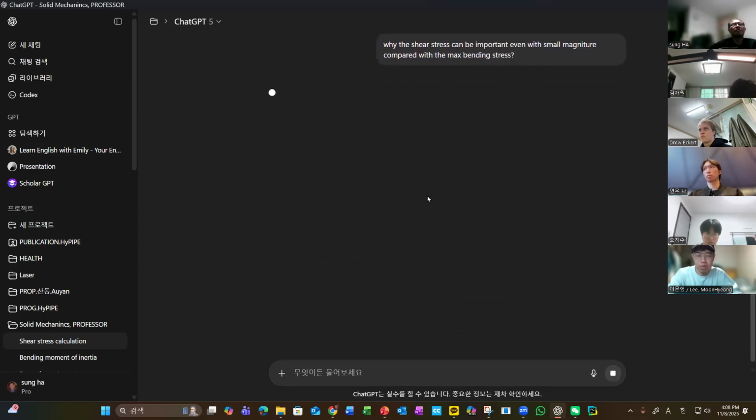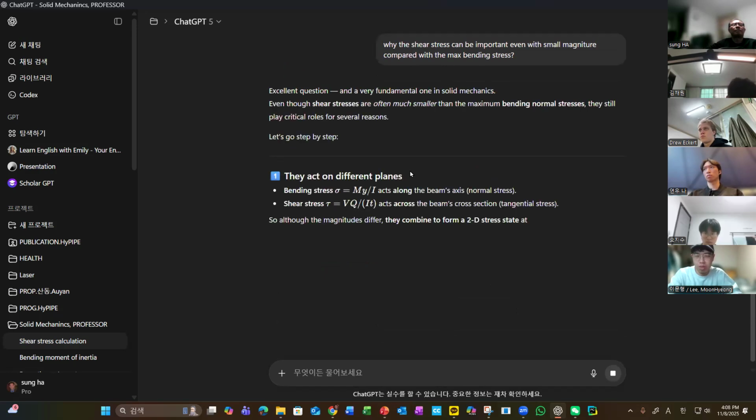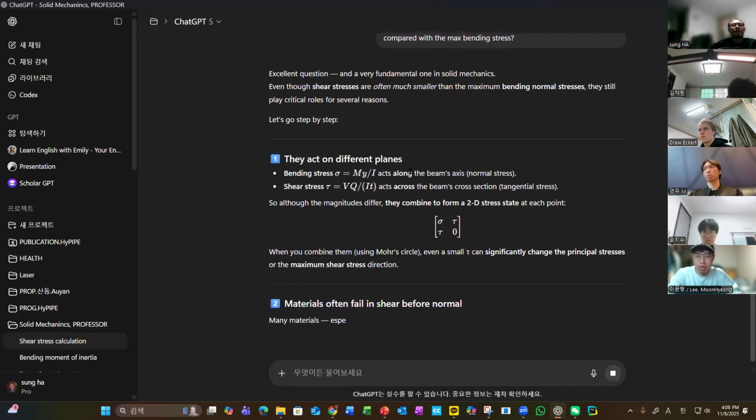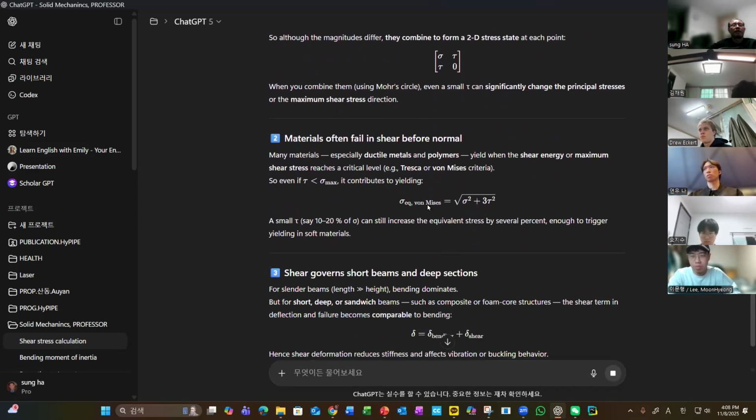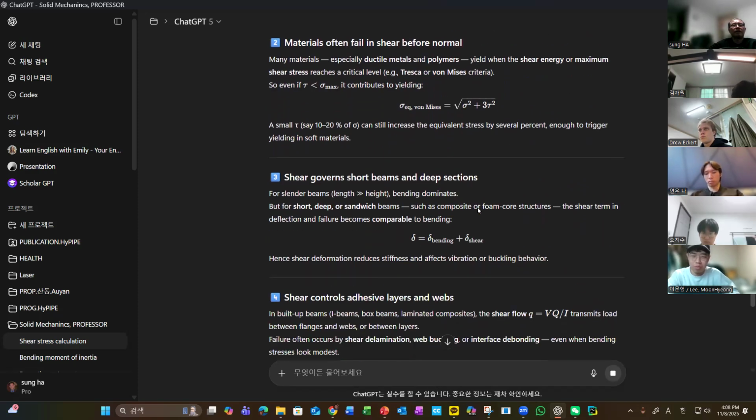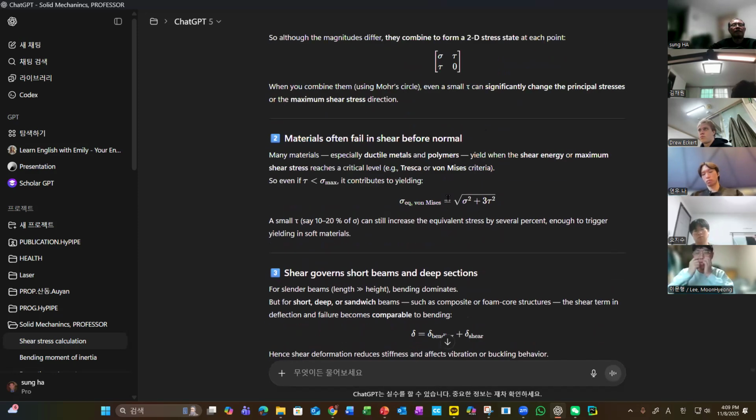Let's see what it says. It would say something like the Von Mises, well, this is a failure criterion, and the Tresca Von Mises, because somewhere in the middle there can be multiple stresses, not just the compression but also shear stress.